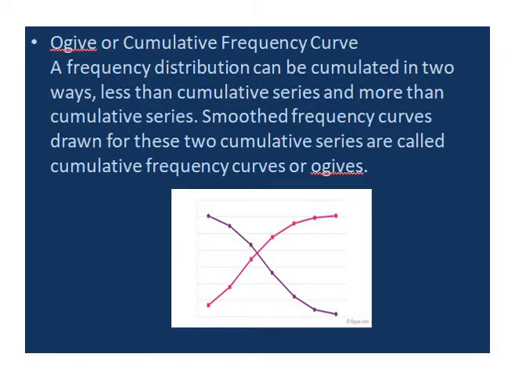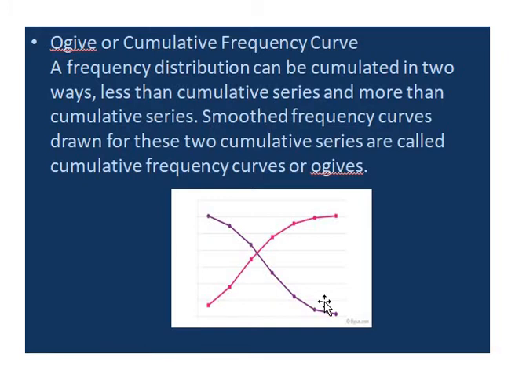So we have two cumulative series, less than and greater than or more than. The smoothed curves drawn using the two cumulative series intersect at a point, and that is your ogive. So we have the less than ogive and the greater than ogive, marked using your class intervals, upper class and lower class.